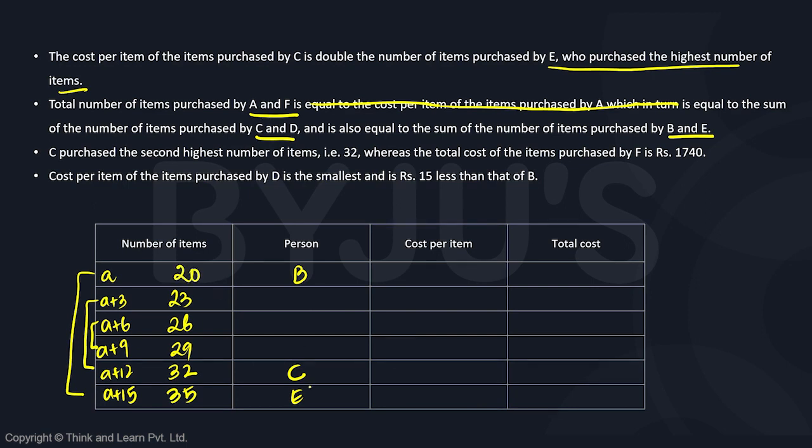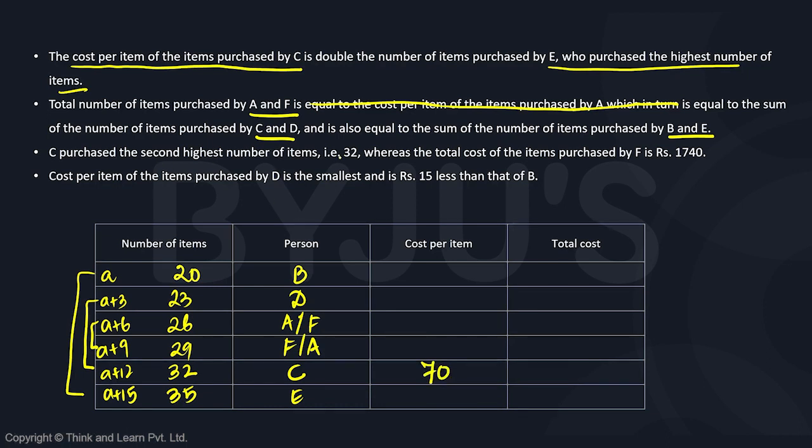Now we know where C is, so we know where D is. One among these is going to be AF or FA. This we can conclude from the second bullet point and the third one. Now the moment we know that E's number of items is 35, then the cost per item purchased by C is double of 35. So this is going to be 70.